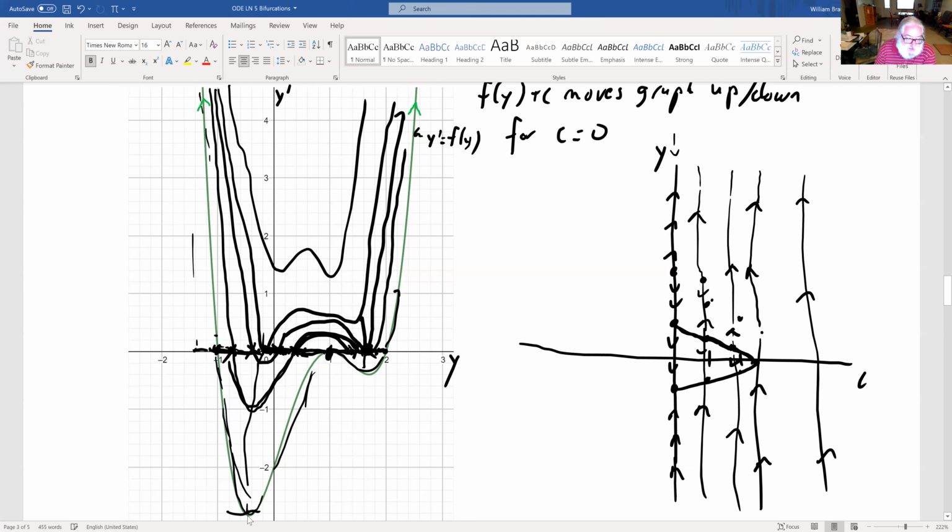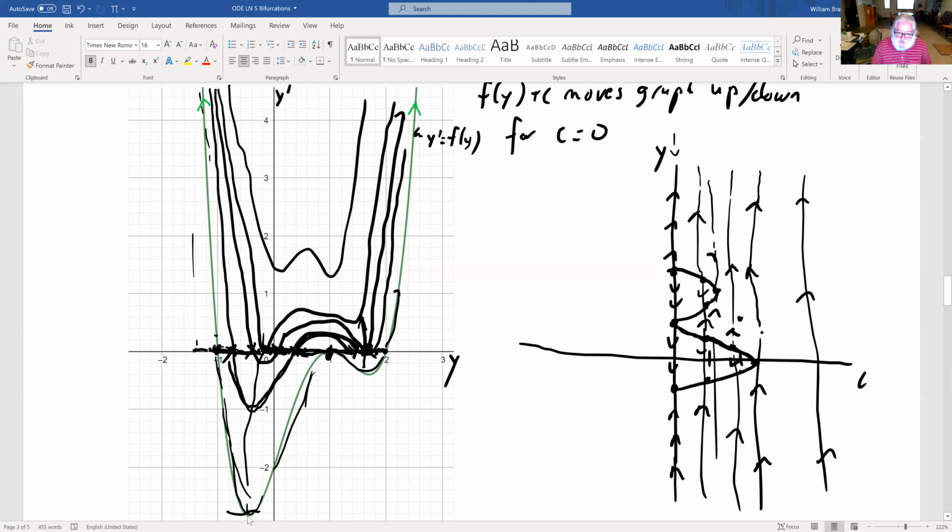And then when this minimum goes through the y-axis, they disappear. Not quite sure where I drew that in, but something like that. And that's where we ended up with these nodes, right? When we're actually just sitting on the y-axis there. And if we raise the graph far enough, right, it doesn't intersect at all.